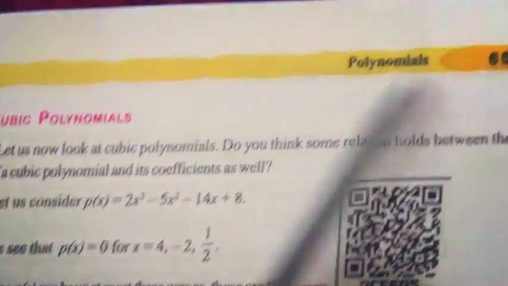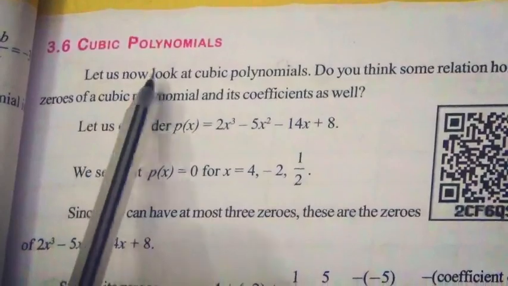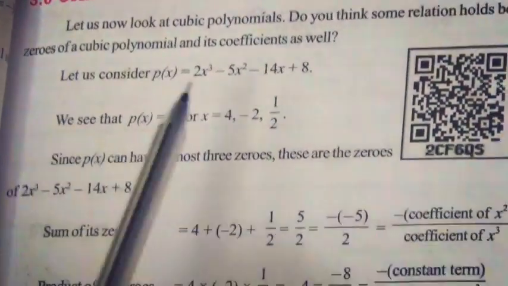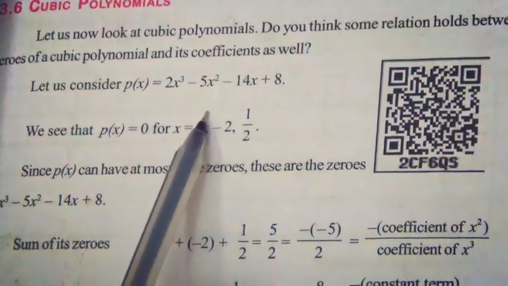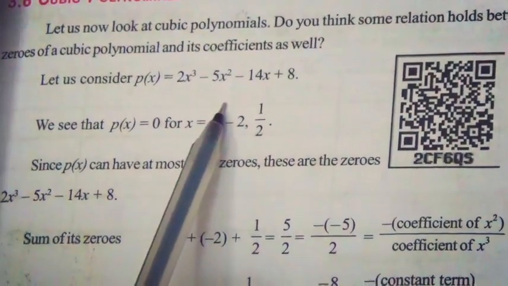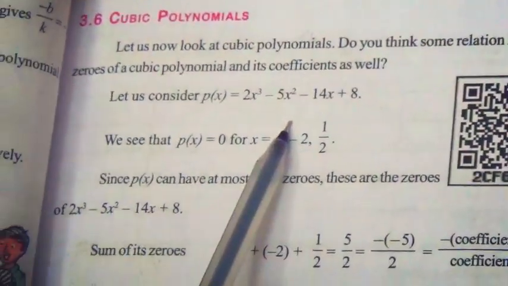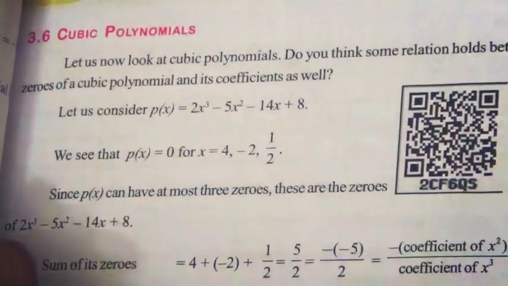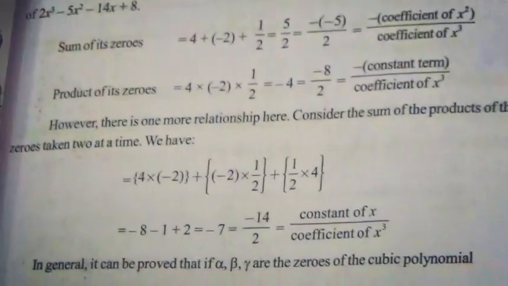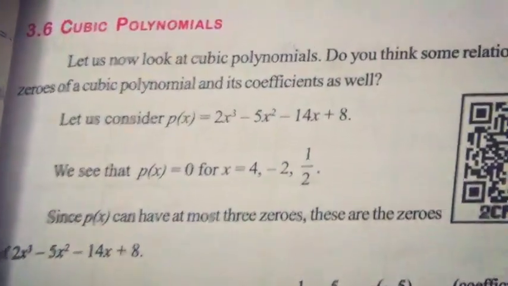On page number 65 we have cubic polynomials. In these cubic polynomials, he gave one example to find the relationships of the zeros. In the introduction part we talked about the zeros of the given polynomial, for the cubic polynomial also. Look at the given polynomial example on page number 65.